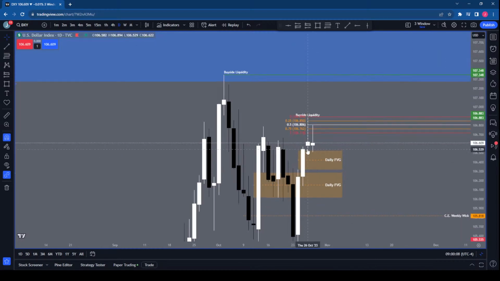It just means it might not happen today. I could see it being range bound between the consequent encroachment of this wick and this daily fair value gap. Ideally, it would be between the consequent encroachment of this daily fair value gap.